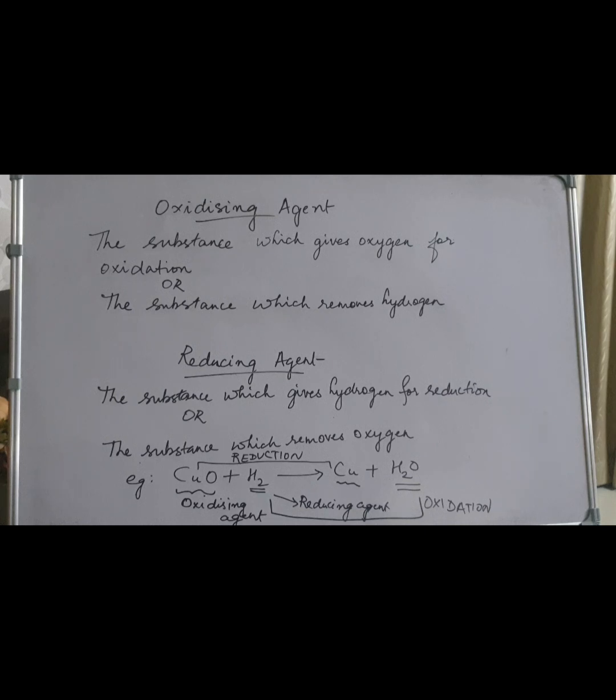Then we learned displacement reaction, double displacement reaction, and then the redox reaction, or else the oxidation and reduction reaction. And at last we have learned about the effects of oxidation and reduction, that is corrosion and rancidity. Okay, so now in the next videos you can see some questions based on this chapter.